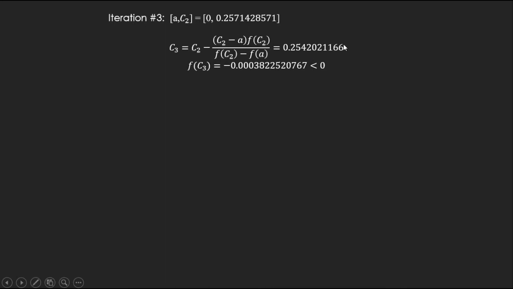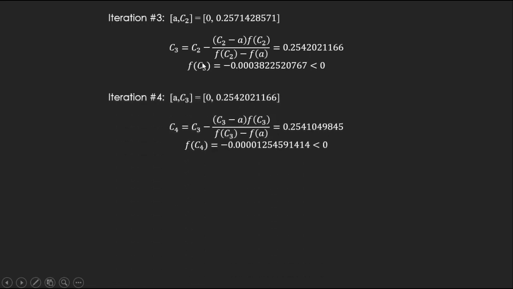And after substituting this value in the function, again we get less than 0 value, and this less than 0 value tells us to replace C2 by C3. If it is greater than 0, then we will replace A by C3. So here in this situation, f(C3) is less than 0, so we will replace C2 by C3 and we will perform our fourth iteration.